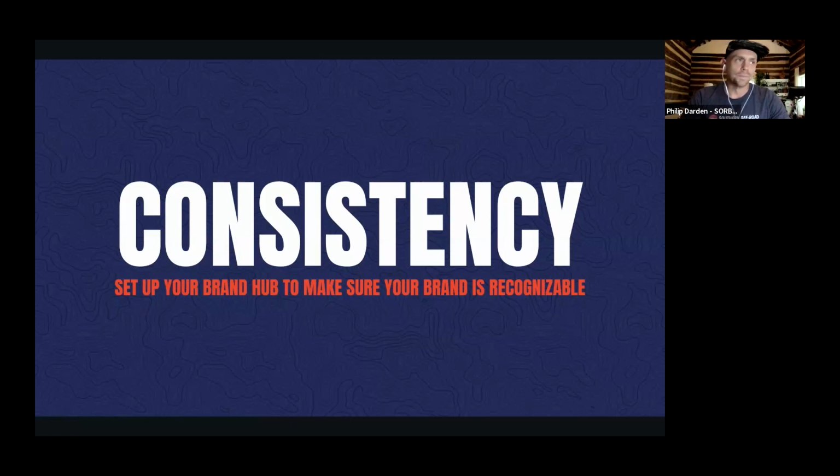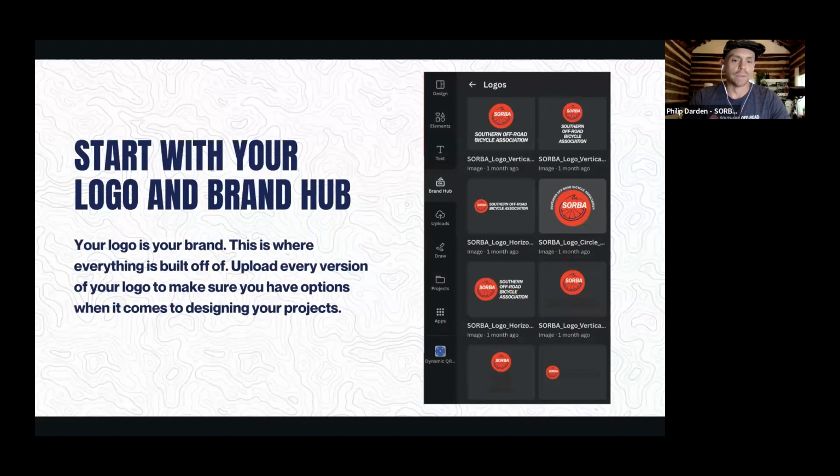You look at big brands like Nike or Apple or Coke, and all their branding is the same. You pick up a magazine, you flip through the pages, you see an Apple ad, you know it's an Apple ad before you see the actual logo of the Apple brand.